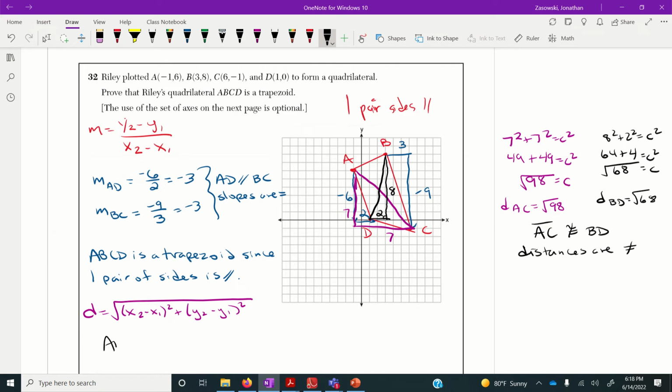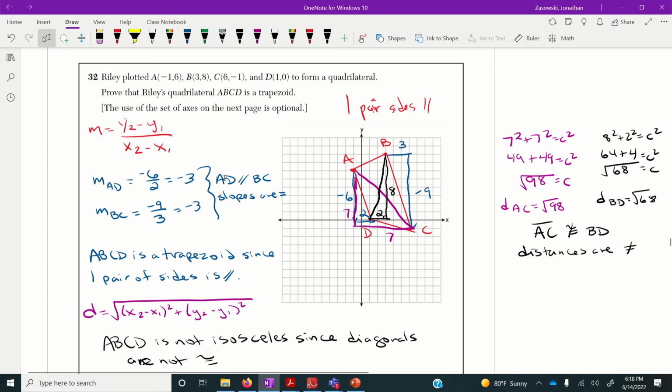So ABCD is not isosceles, since the diagonals are not congruent. All right, and then that was 32.